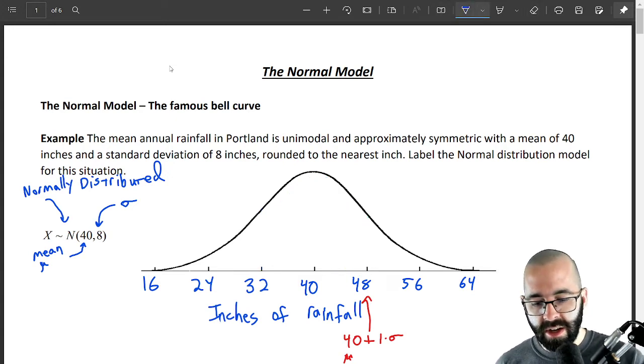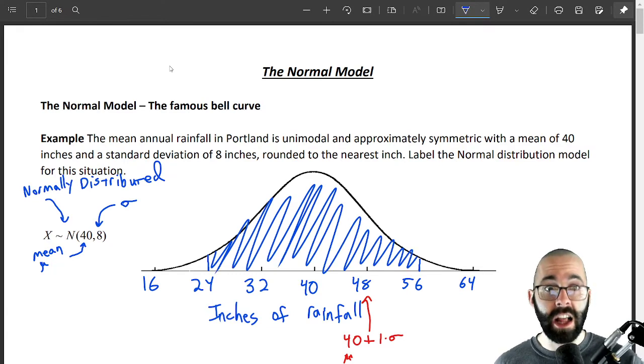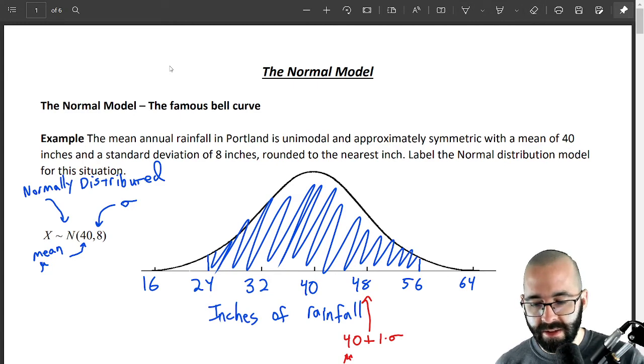Within 2 standard deviations of the mean, that would be between 56 inches and 24 inches. That is a lot of data. That's almost everything. And within 3 standard deviations, if we went to 64 and 16, we'd get really almost everything. Okay, so we've labeled everything.